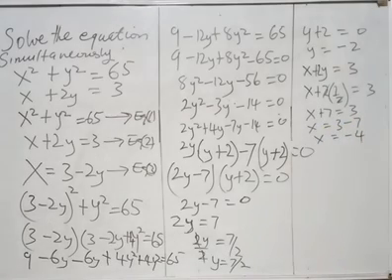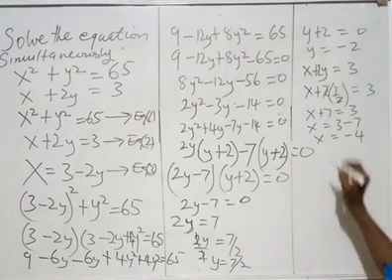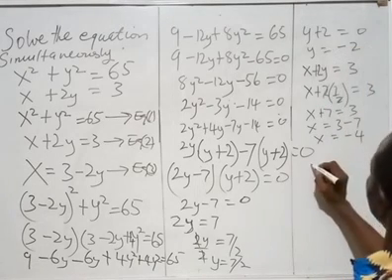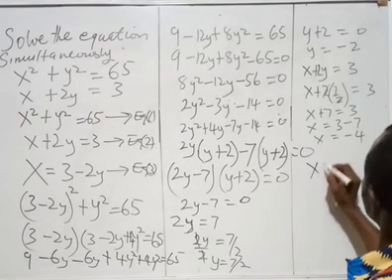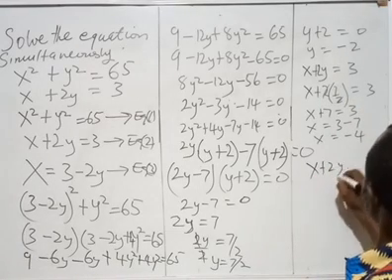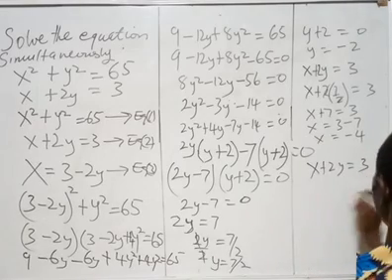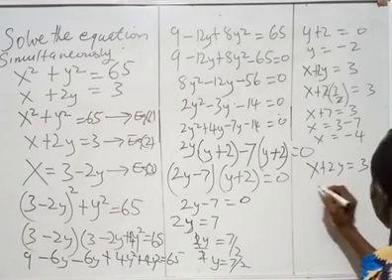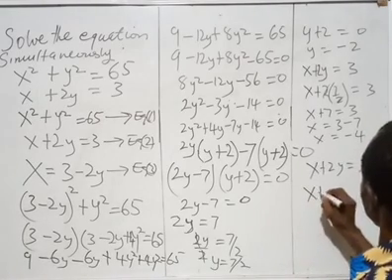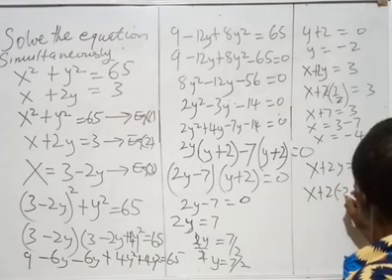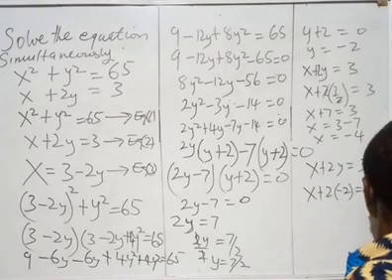I also consider when y equals minus 2. So I have here x plus 2y equals 3. And what's my y? My y is minus 2. I have x plus 2 into minus 2 equals 3.